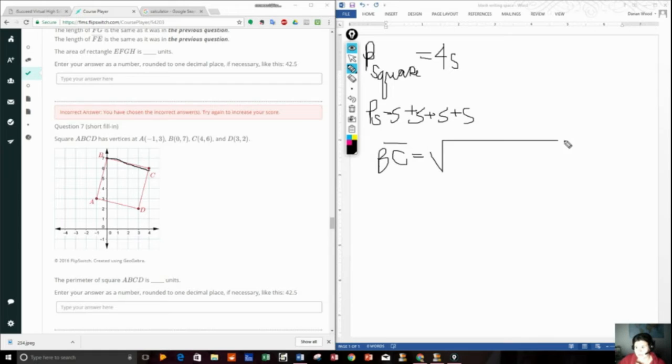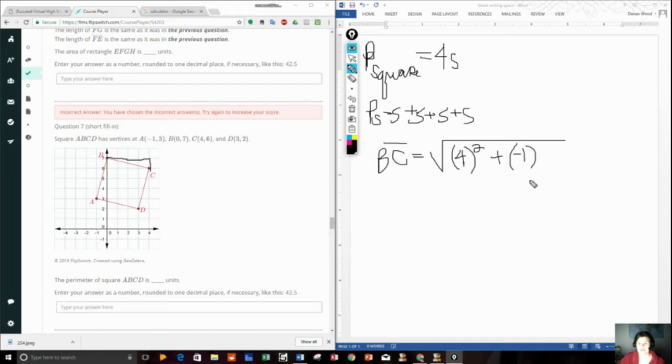And I'm going to count it out because that's faster for me than to write it in the distance formula. It's the same process. The distance formula is the square root of the horizontal distance. So 1, 2, 3, 4, and it's positive because I went to the right, squared, plus our vertical distance, which is -1 since I went down.